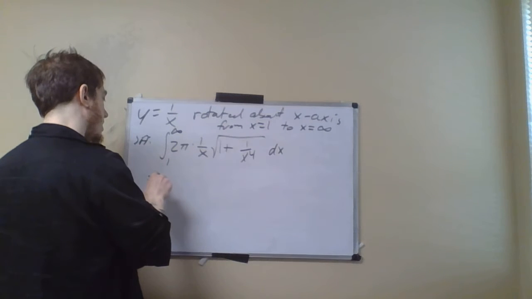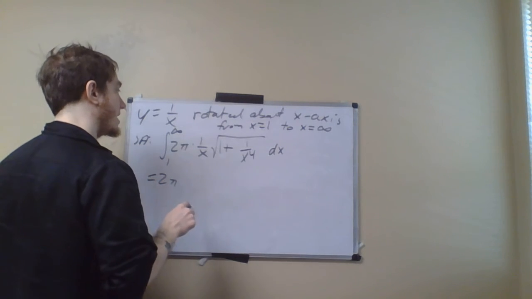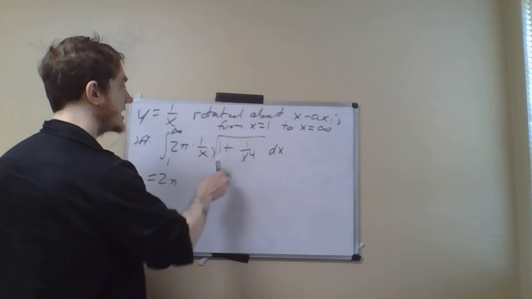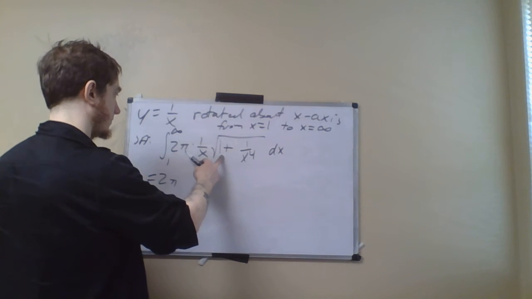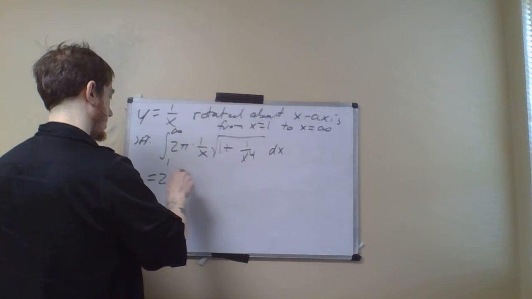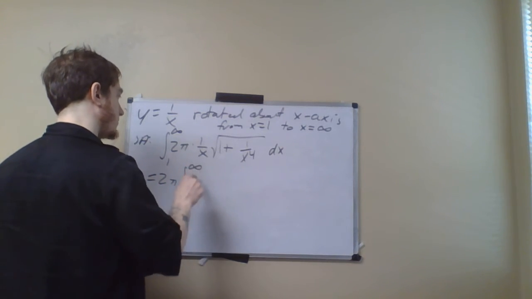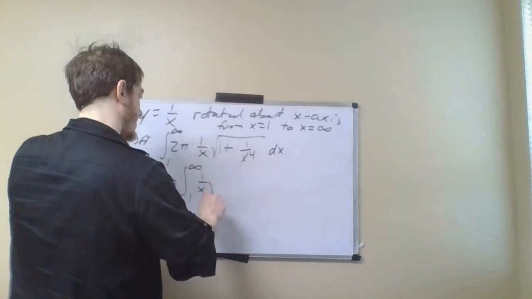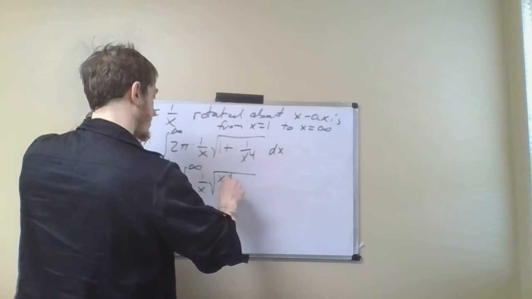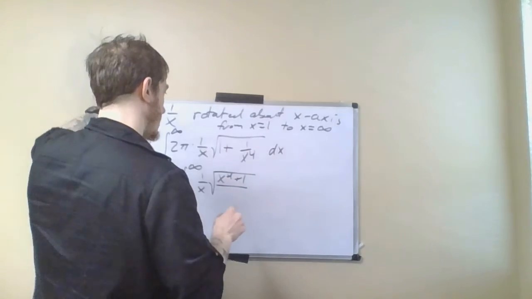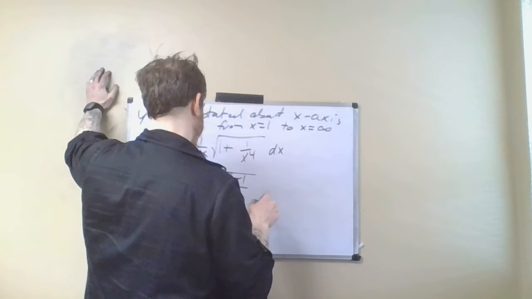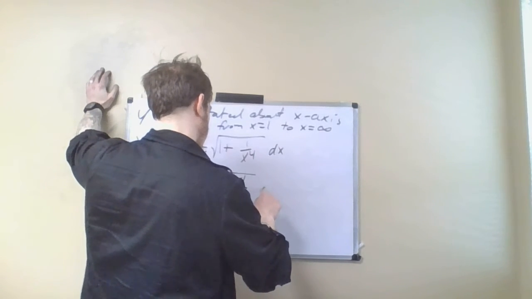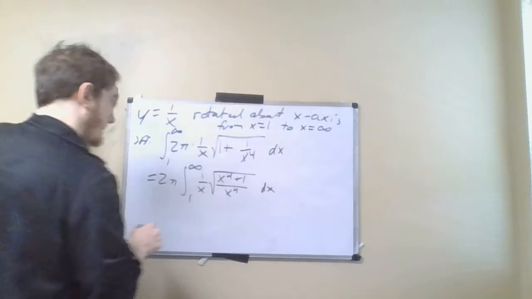This is going to become 2 pi times, on the inside here, I get x to the 4th plus 1. So we're going to have the integral from 1 to infinity of 1 over x times the square root of x to the 4th plus 1 divided by x to the 4th dx.